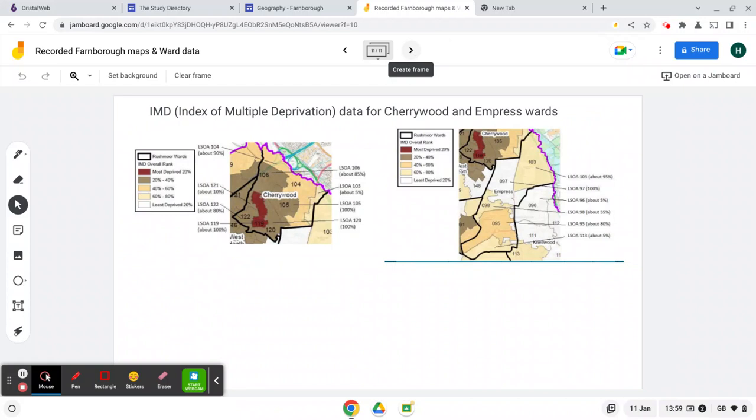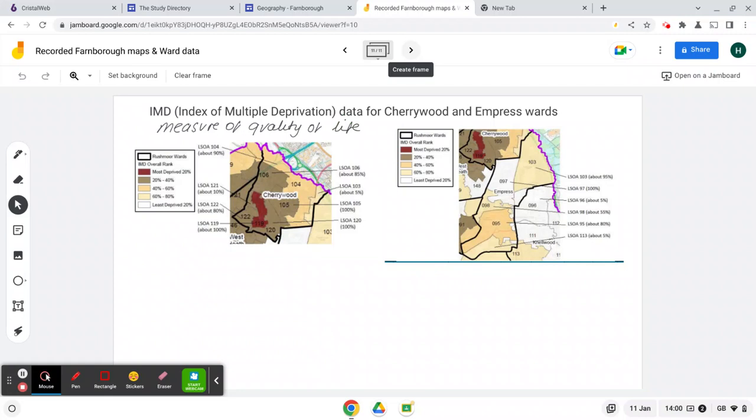And then we can look at the index of multiple deprivation. So this is a measure of the quality of life. And they measure factors such as income, employment, education, health, and crime, amongst others.